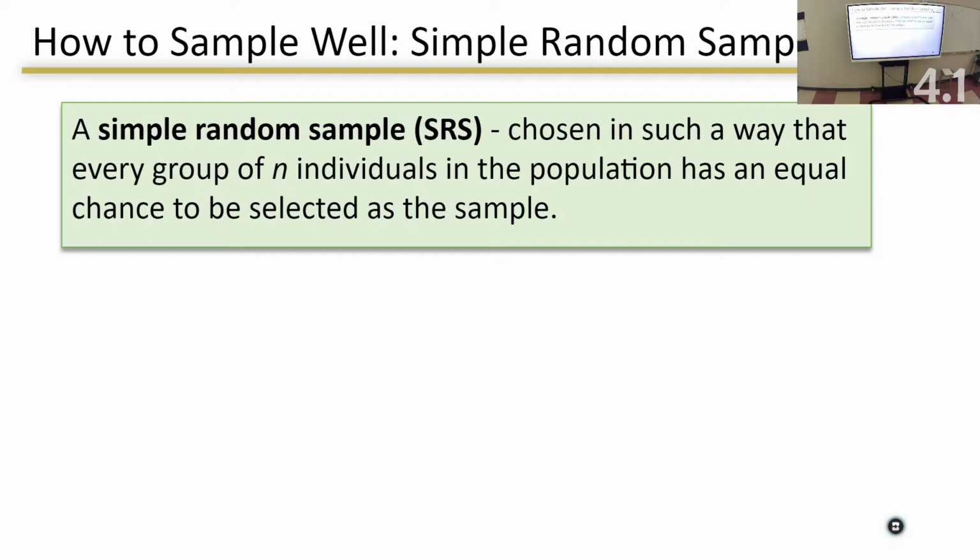It's completely random. Every person has an equal chance of being selected. That's probably the best way to say it. Every individual, doesn't have to be a person, every individual has an equal chance of being selected. Simple random sample.